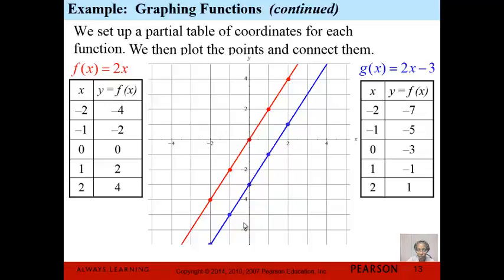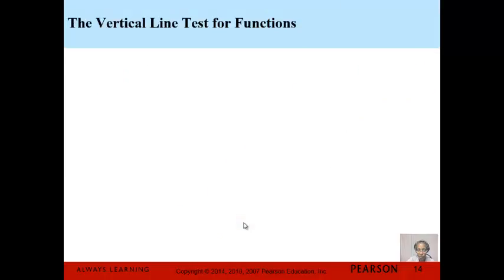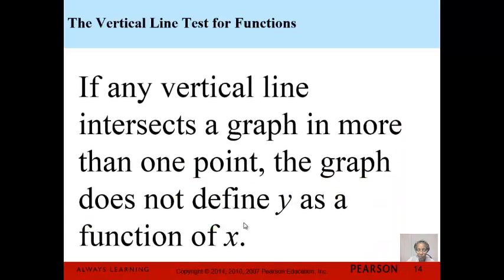Okay, so remember, a function can be presented as a graph, as we see in this example. The vertical line test is a test you can use on a graph to see if the graph represents y as a function of x.